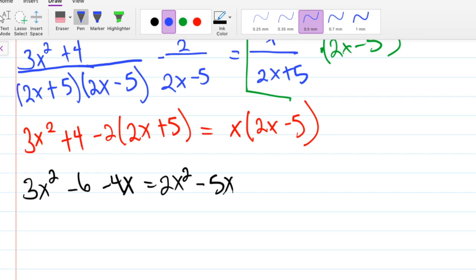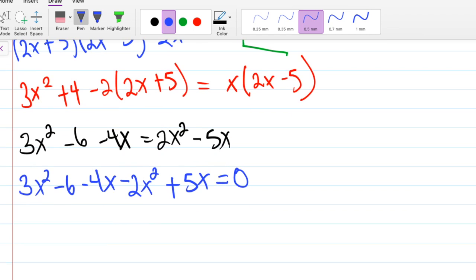now you're going to want to move all the terms to one side. I personally like to get rid of the terms on the side with the least amount of terms. So we're going to subtract the 2x squared and add the 5x. That's going to turn into 3x squared minus 6 minus 4x minus 2x squared plus 5x, all set equal to 0.